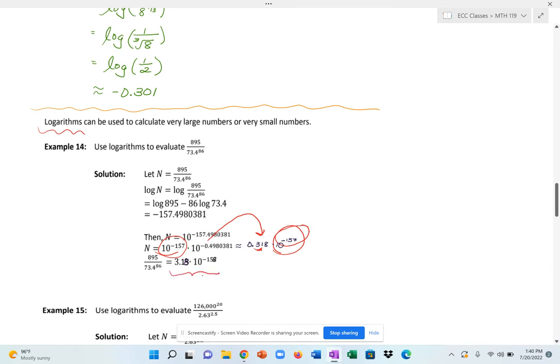So it's going to be 3.18 times 10 to the negative 158. So if you can imagine inserting zeros in front of the 3 and moving your decimal 158 places to the left, this is a very small number.